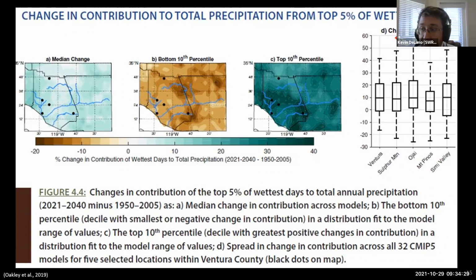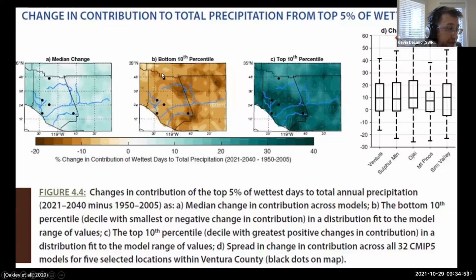And what the authors found, if you look at the box and whisker plots first, is that the top 5% wettest days will overall contribute 10% more rain each year.